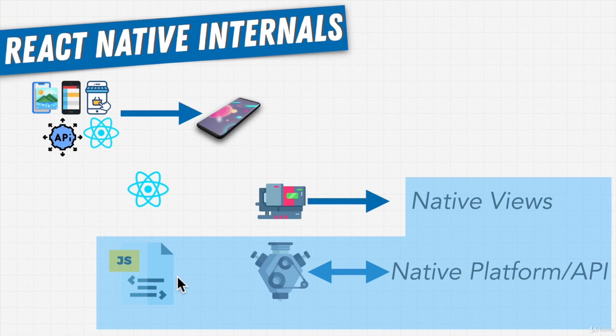And the JavaScript says, well, because Timmy over here pressed this button, display this. So the instructions and communication happens back and forth on the phone between the main thread and the JavaScript thread. So the JavaScript thread runs all our business logic inside with React Native.